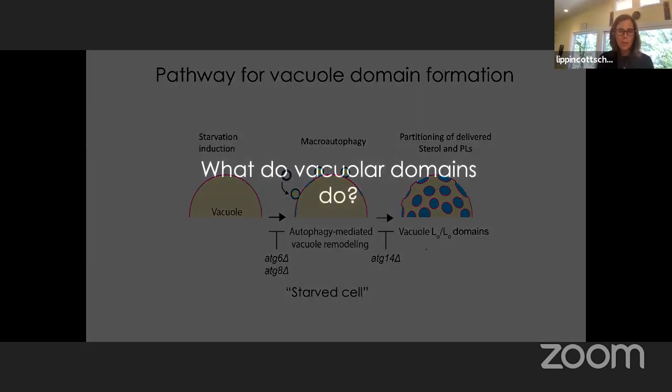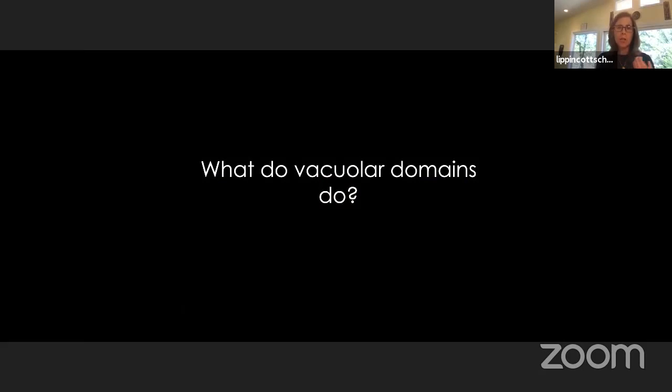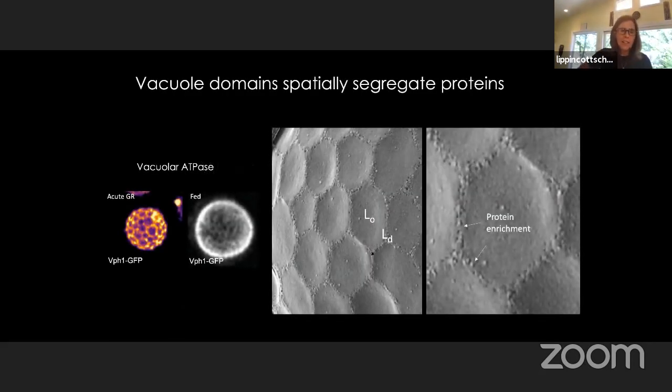Okay, so what do these vacuole domains do? That's the $100 question. And what's really amazing is they're segregating proteins, not surprisingly, but it's amazing to see this in these freeze-etch images from John Heuser, where you can very nicely see the liquid ordered and the disordered domains on the surface of these glucose depleted cell vacuoles.